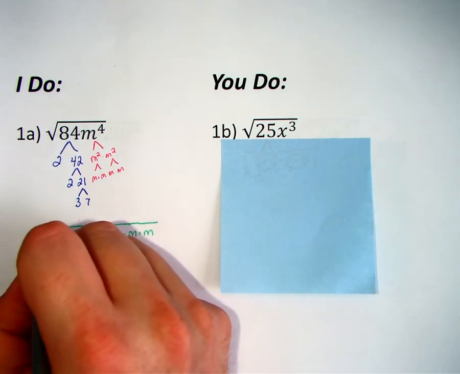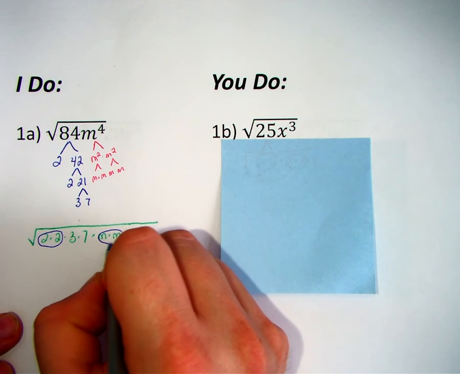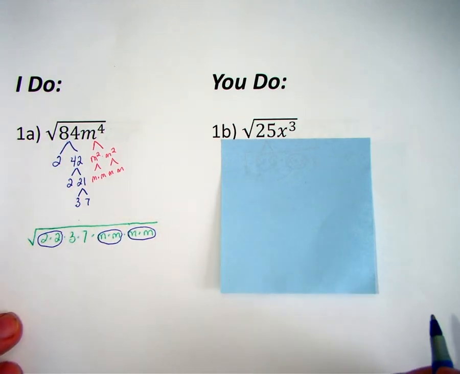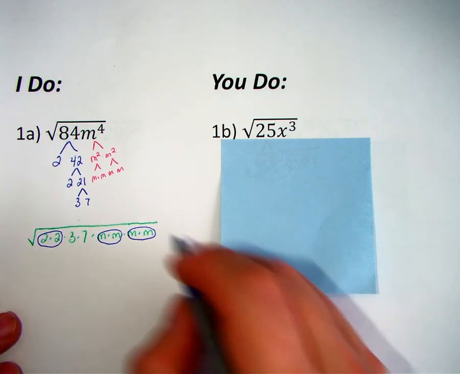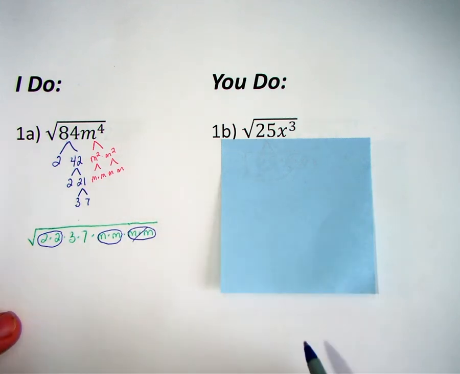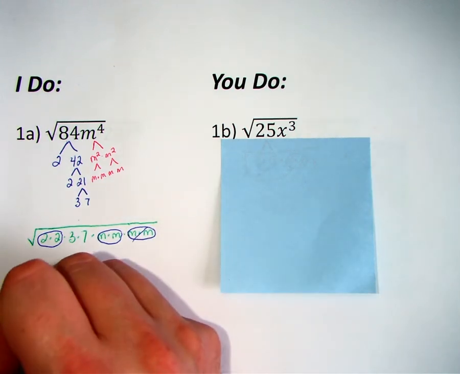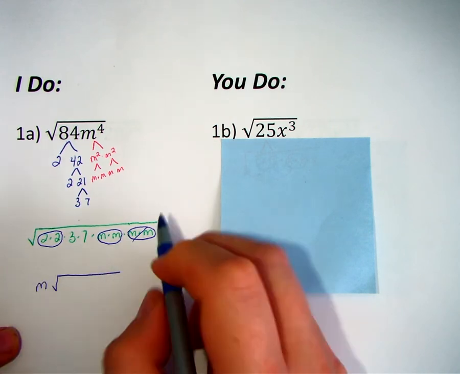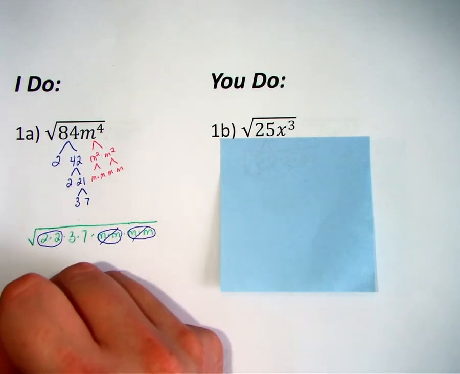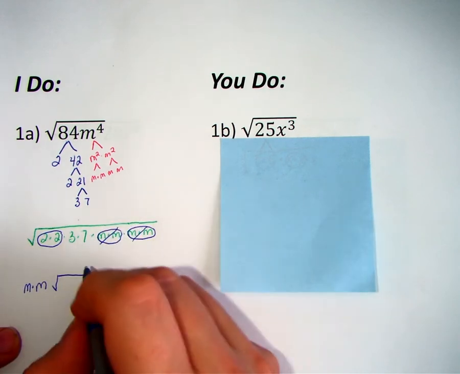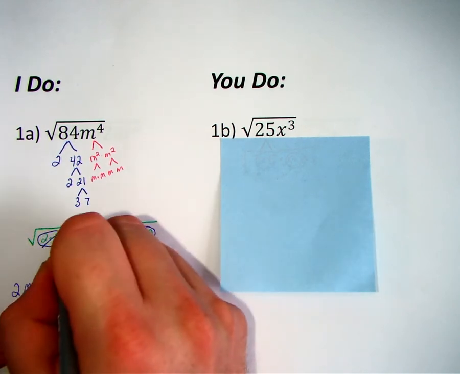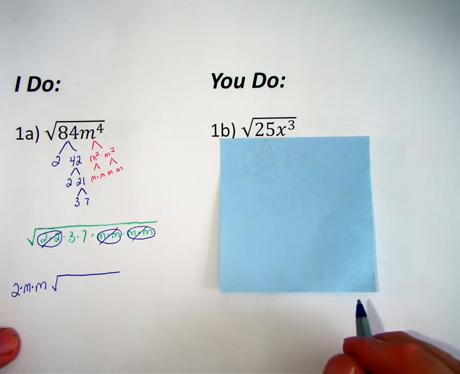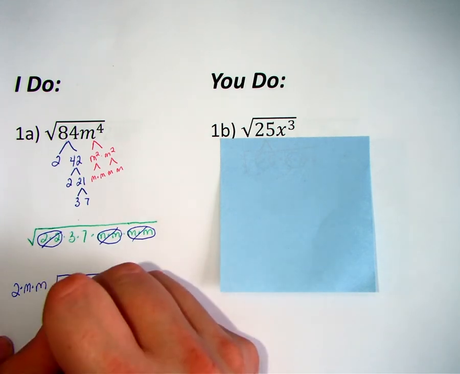I see I have a pair of 2's there, I have a pair of m's there, and I have a pair of m's there. For every pair, we're going to eliminate the pair and bring one of that item outside of the radicand. If it doesn't have a pair, it remains inside the radicand.